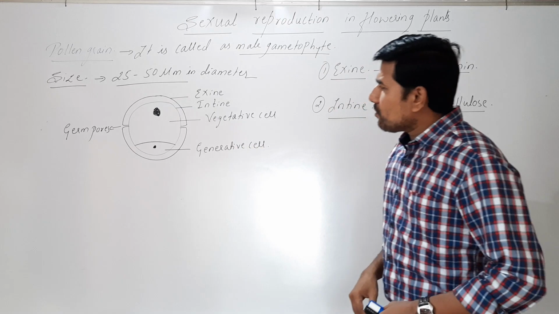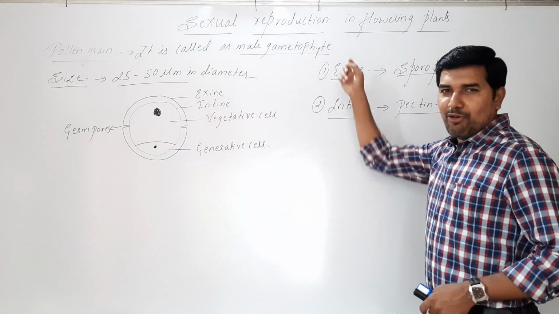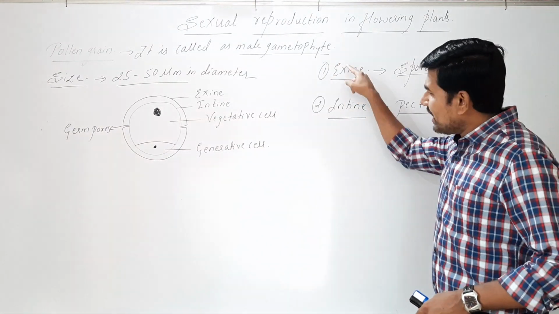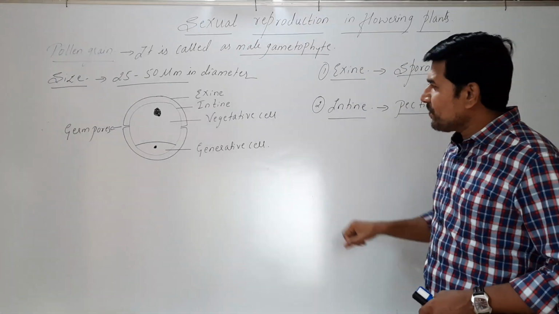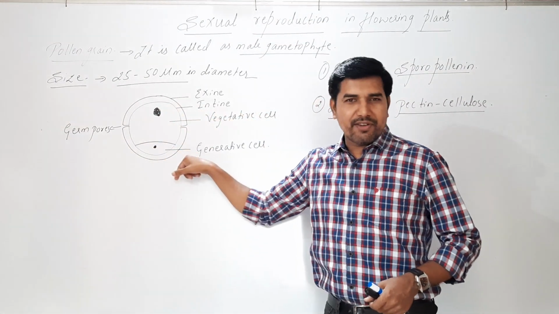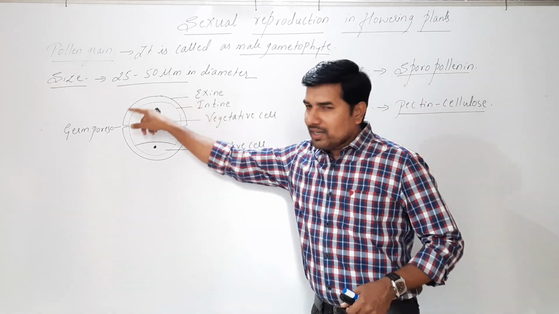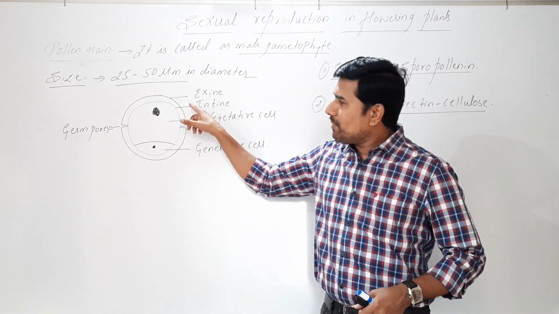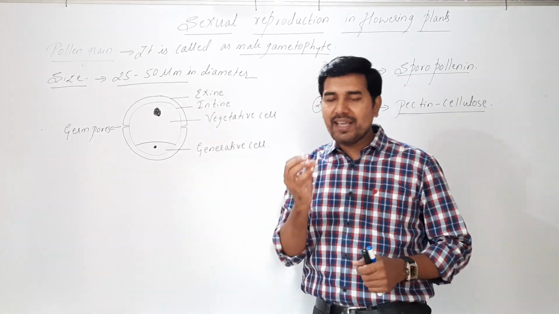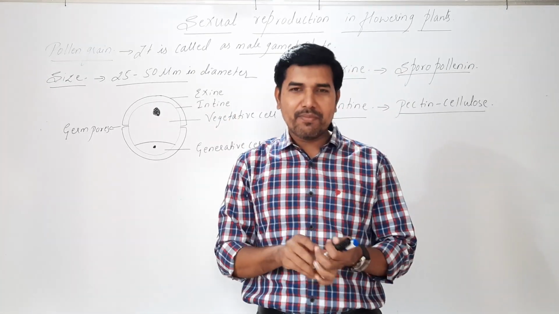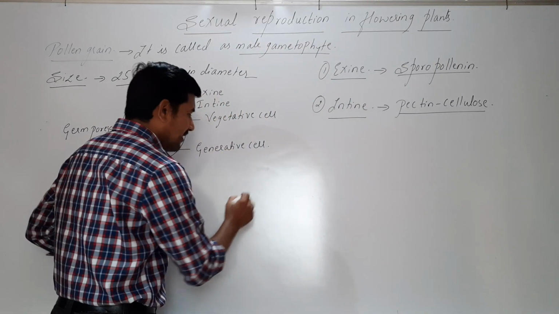Now, as we talked about the exine as well as the intine, the outer layer as well as the inner layer, this exine, as its ornamentation is different, might have a smooth surface, or a rough surface, and it might be spiny. The arrangement may be like spines also.